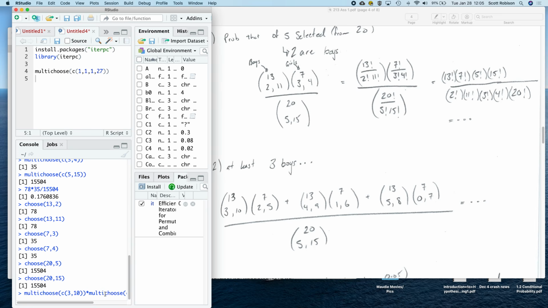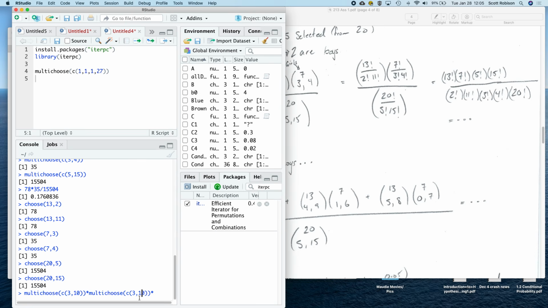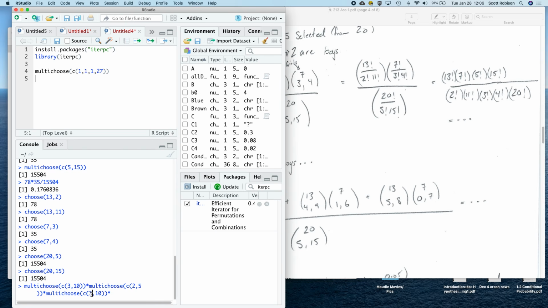Let me just use my cursor. All right, let me just make that bigger. 2, 5. Then I've got a 4, 9 and a 1, 6. Okay, so I've got a 4, 9, oops, not 19, 4, 9, and 1, 6.